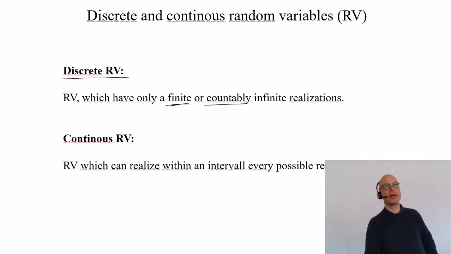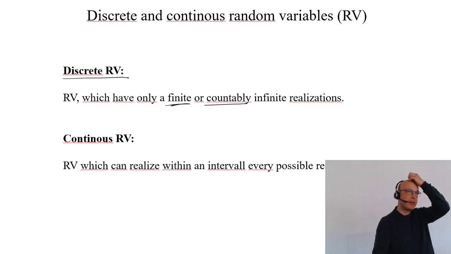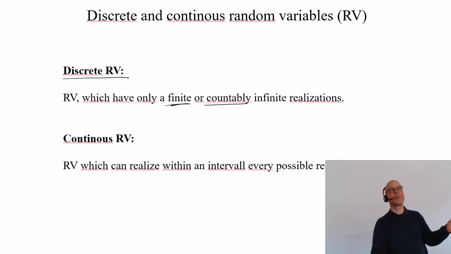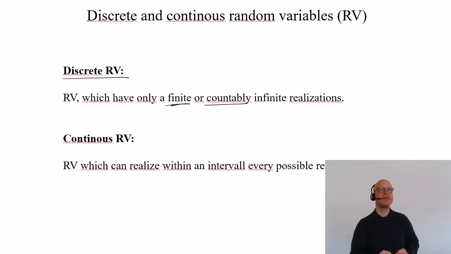But what we also can do, and remember our descriptive example with which we started, there we chose as the random variable the length of the student. Well, and this random variable, the length of the students, is not countable anymore. Because why?